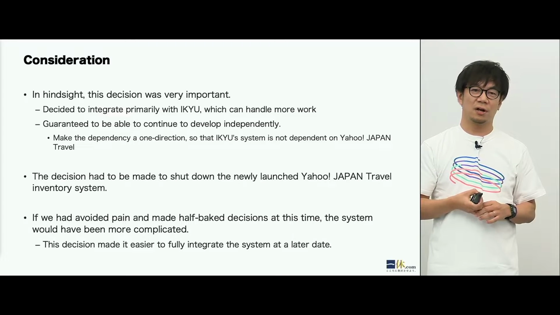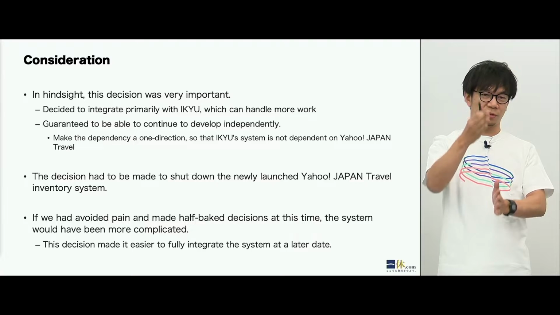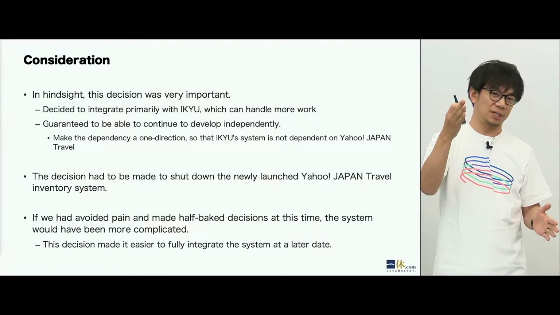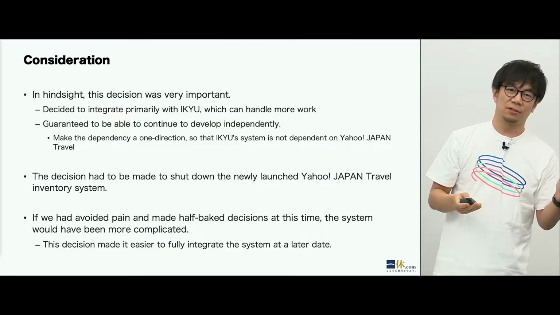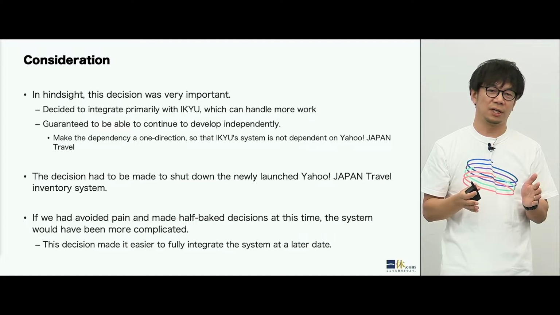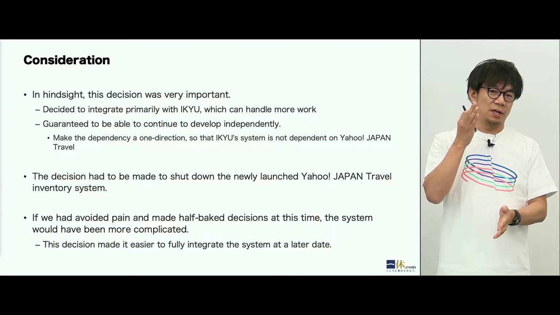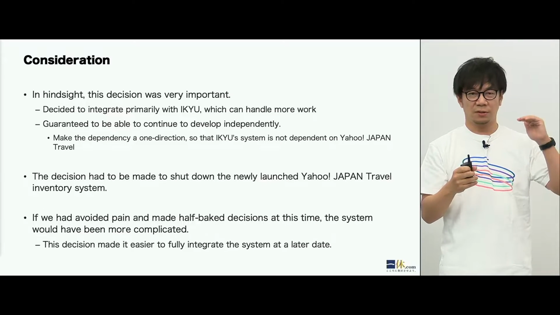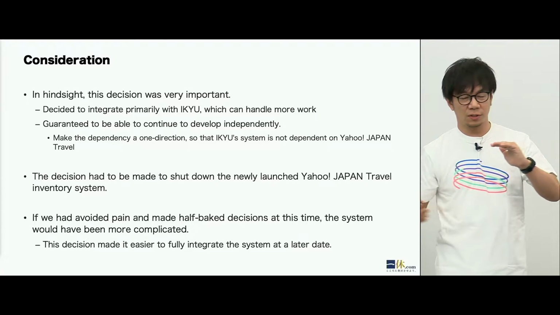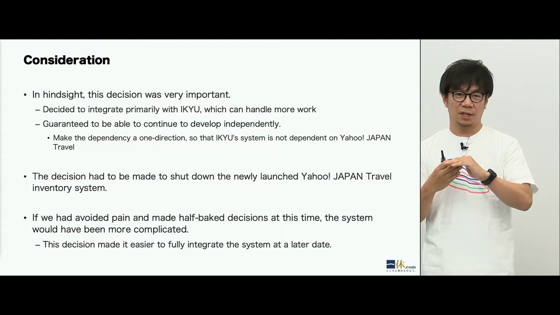However, as I mentioned before, if we didn't decide which one is the primary, the dependency would become very different because we have a lot of different modules that should depend on each other. And it could be a very complex situation. The system engineers would understand the complexity. And at that time, the primary EQ system is going to exist continually, and Yahoo is going to depend on EQ.com.